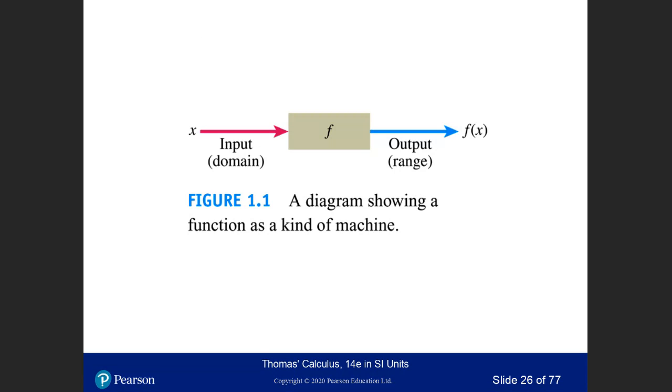It's like a kind of machine, where x is the input to the function, and the function creates a unique output y in the set Y. It's like a machine grinding something and creating something else.